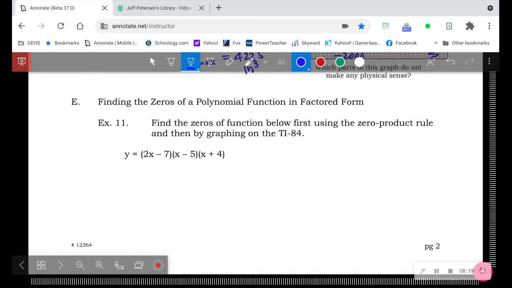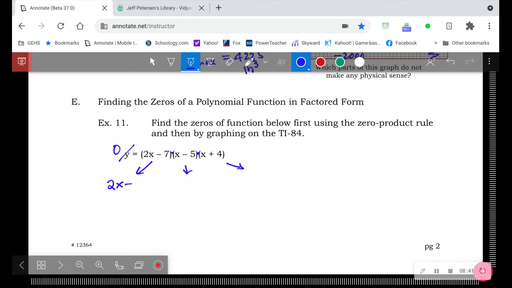Okay, so the next thing we're going to do here is to find the zeros of this function. The zeros are the x values that make the y turn into 0. And when you have three factors multiplied like this, and it equals 0, then either the first one or the middle one or the last one has to equal 0.